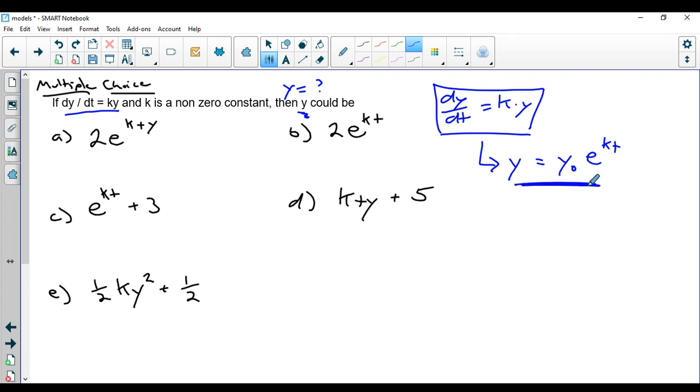So this is what y looks like. There's not a lot of work here. There's you knowing that this is exponential growth and knowing the solution to the exponential growth model for the population is right there. So now you're going to pick the choice that fits this mold. And there is only one choice. So this one you should get.